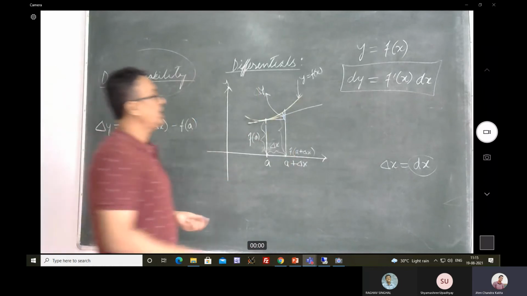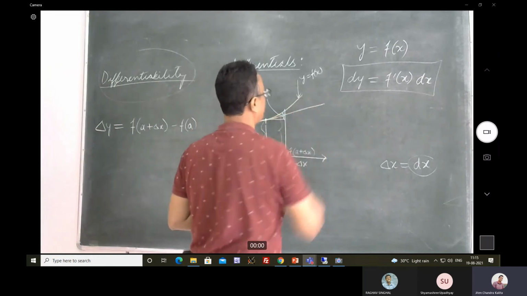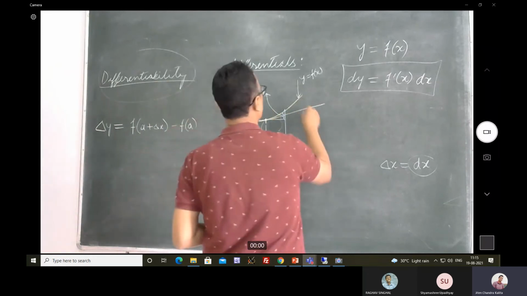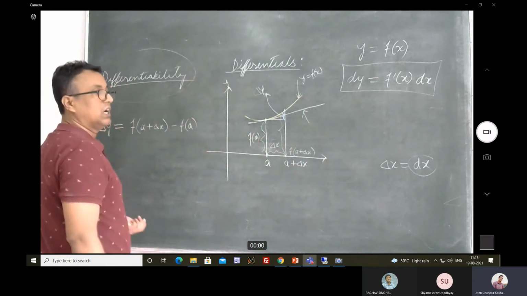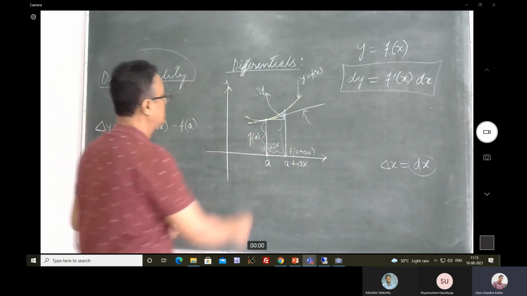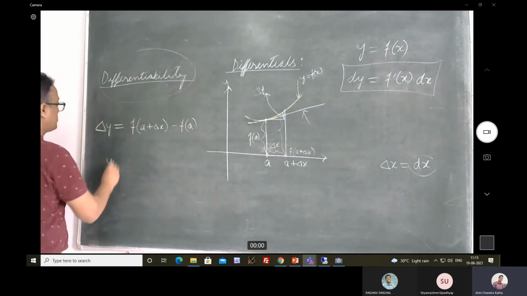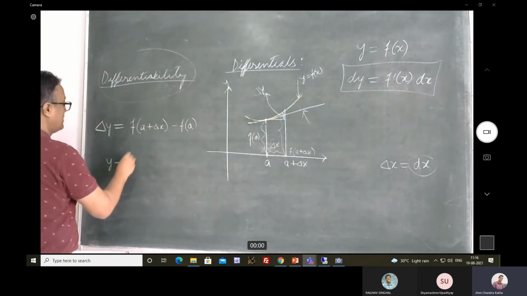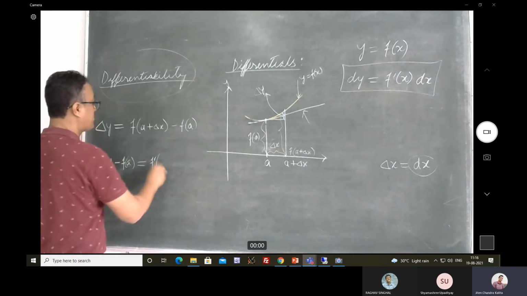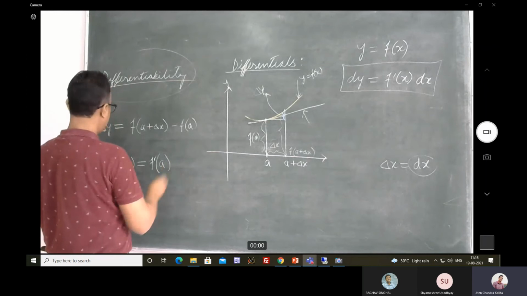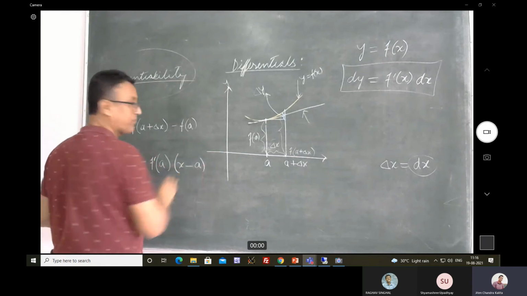Now let us look at this tangent line. You know that the equation of the tangent line, because it is passing through the point (a, f of a), is y minus f of a equal to f prime at a times x minus a.